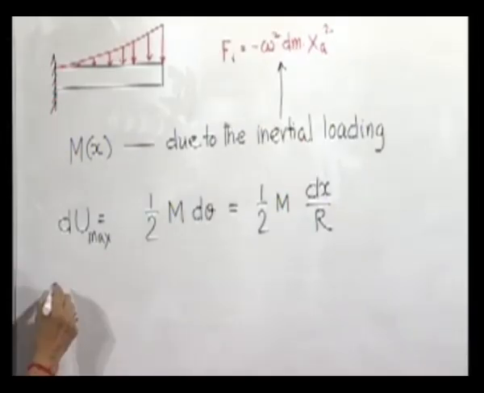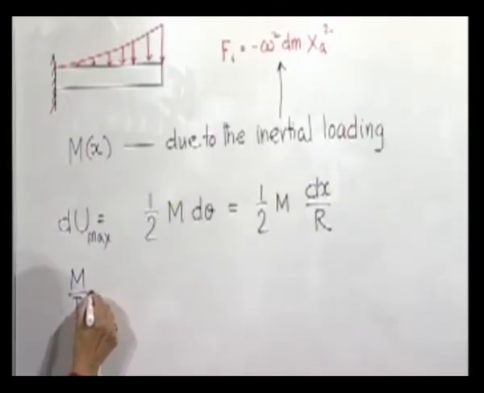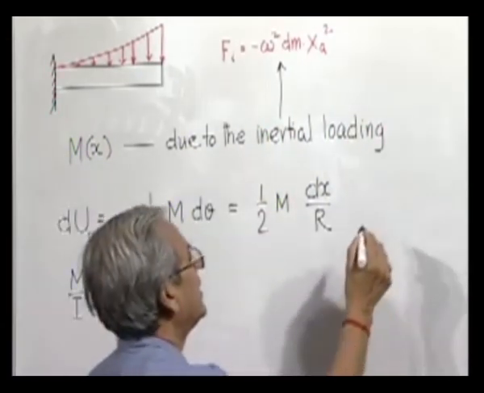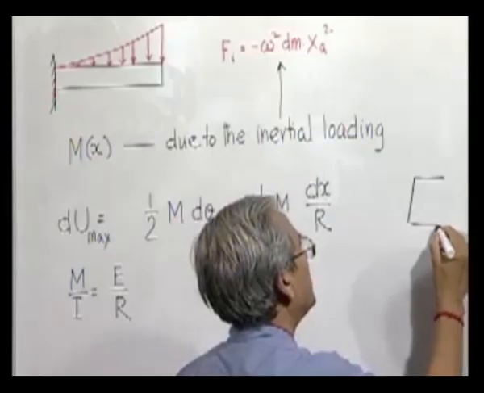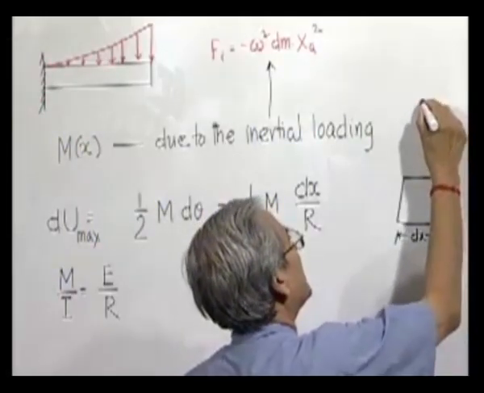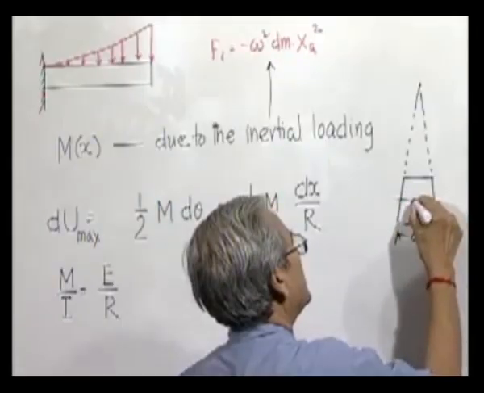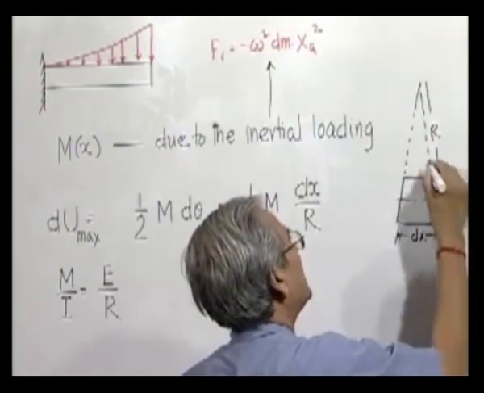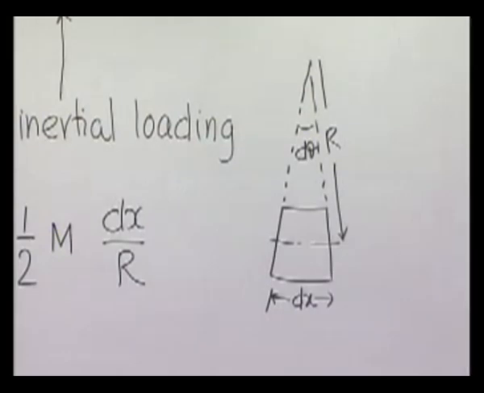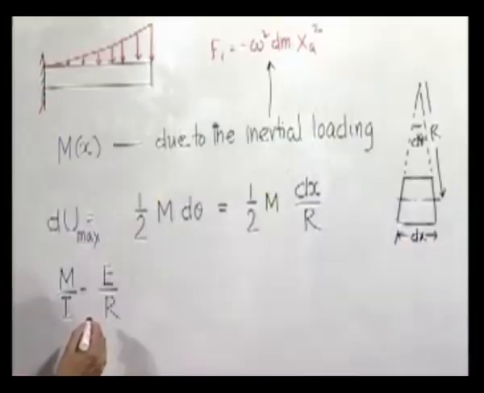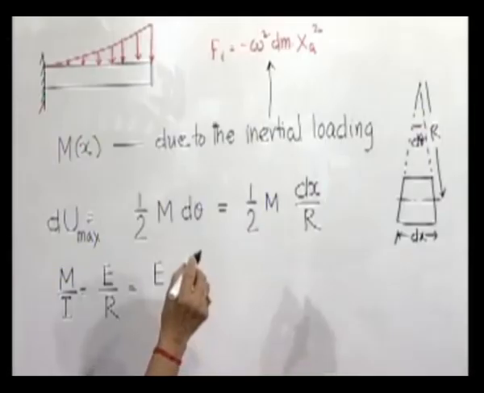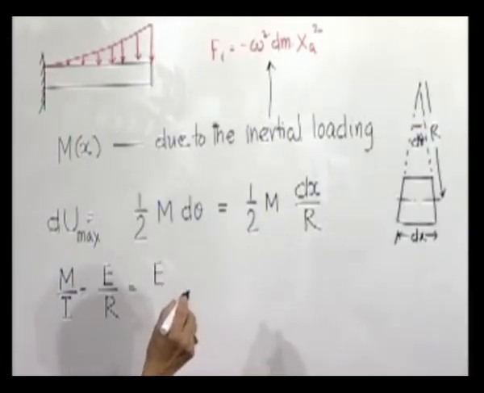Now, from beam theory, or other simple expression, M by I is equal to E by R. So, if we treat this element as a beam, the length of the beam is dx, radius of curvature due to bending is R. Then we have seen just now, a little while ago, that R d theta is dx.